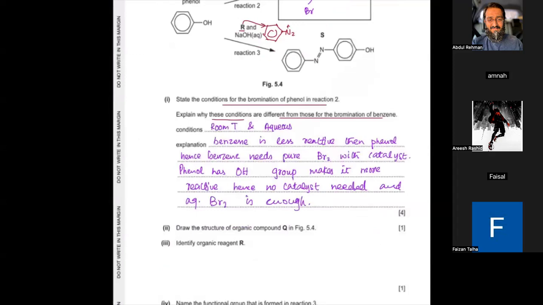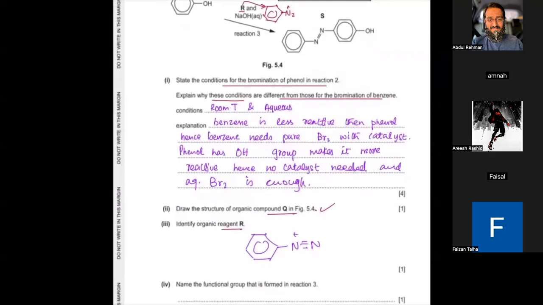Now draw the structure of compound Q. We have already done that. Identify the organic reagent R. We have identified R is a diazonium ion, or you can draw it like this, or just write N2 positive. Yes, Shazil, you are right, but it's not necessary to write all these conditions.